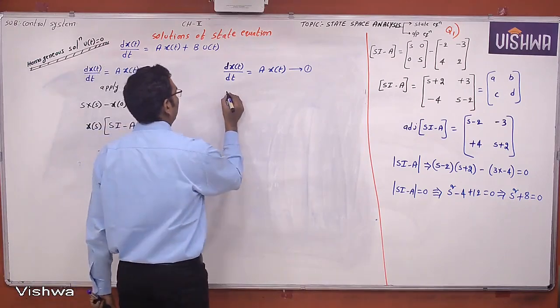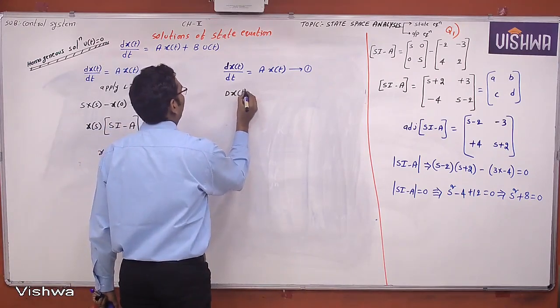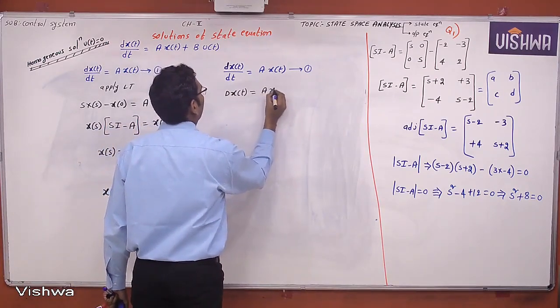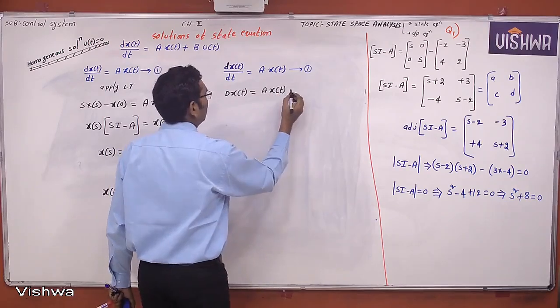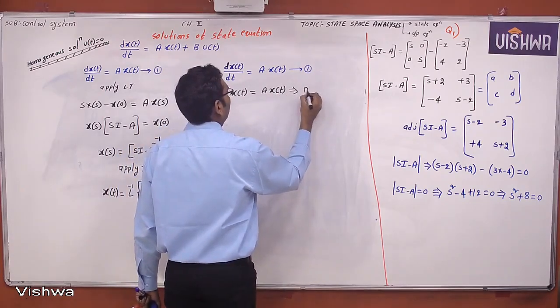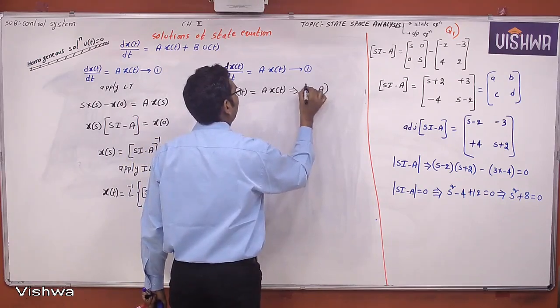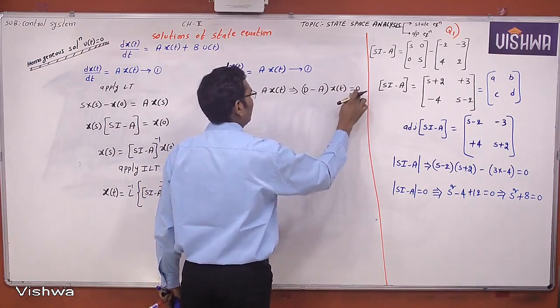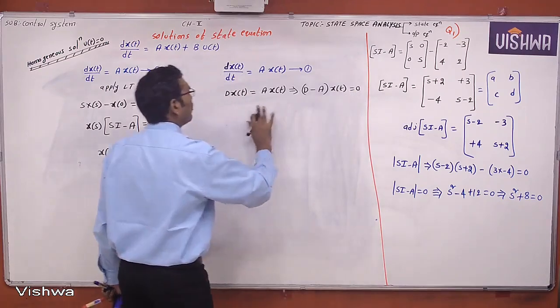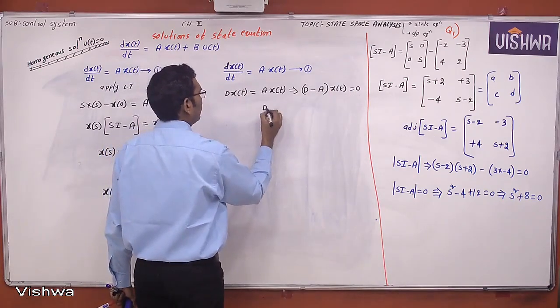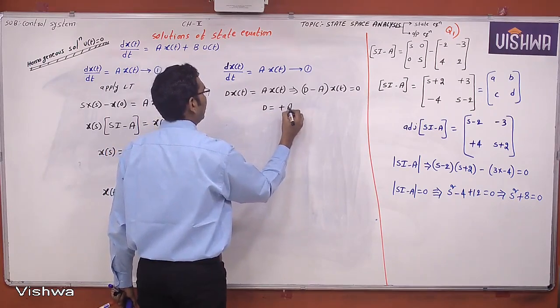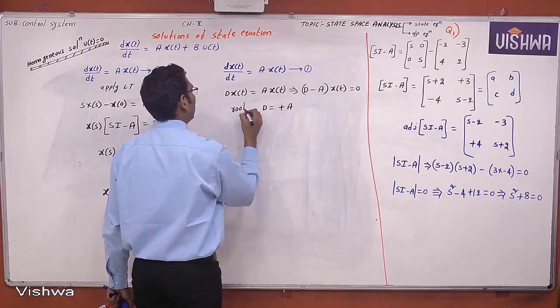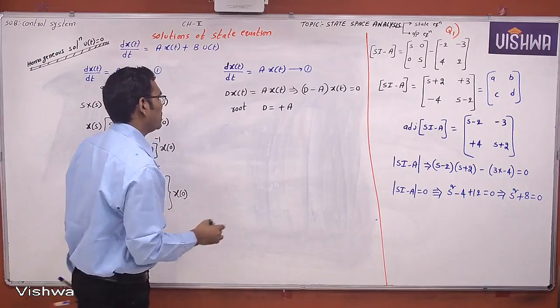Complementary solution: D x(t) equals A x(t), so (D minus A) x(t) equals 0. The right-hand side is 0, therefore only the complementary solution. What is the root? A real root, and a single root. What is the solution now?